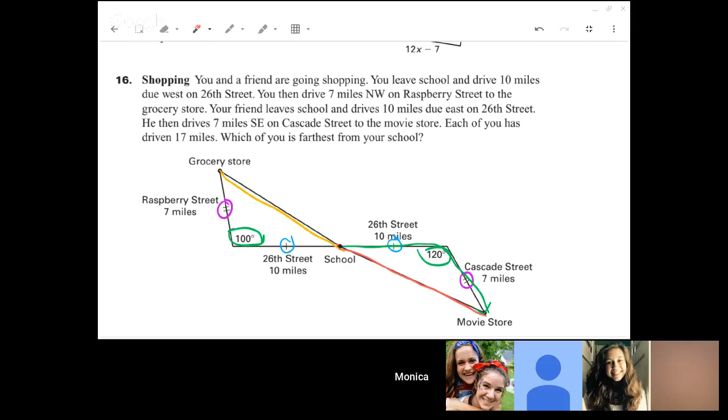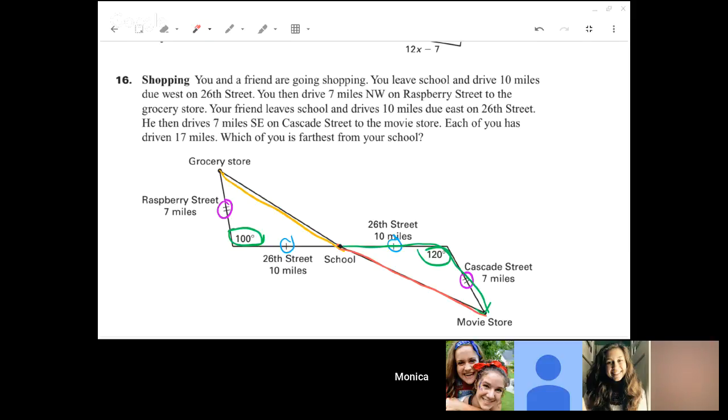If we apply the hinge theorem there, remember the hinge theorem says that the side opposite the largest angle is the longest side. So which line there is opposite the largest angle? Well, which angle is bigger, 100 degrees or 120 degrees?